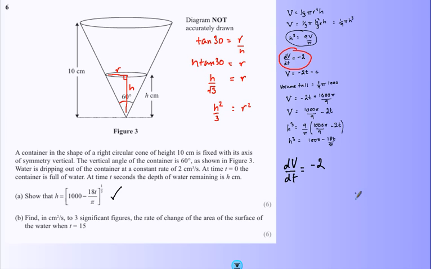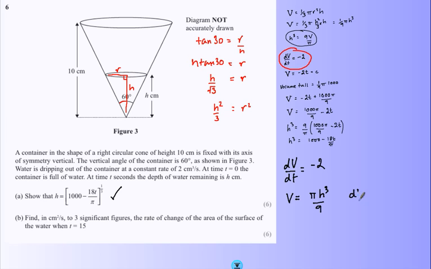Other things that I know, well, I know volume is, I've got it up here, pi h cubed over 9.